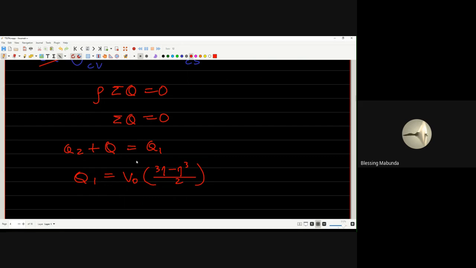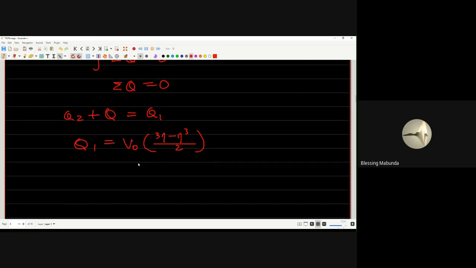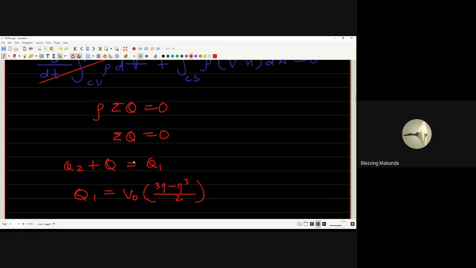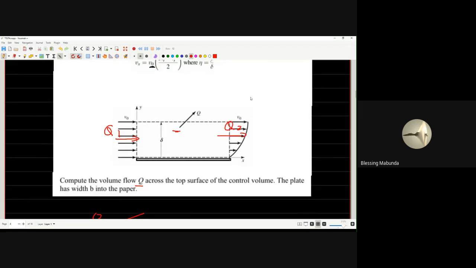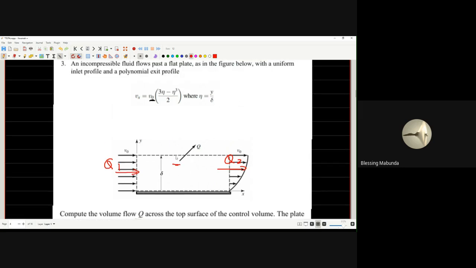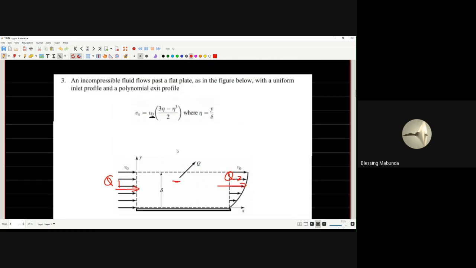All right, perfect. So the way we're going to set up our Q2, we're taking that parabolic velocity profile, which is given by that V naught multiplied by this here, which is our Vx, multiplied by area to give us Q2. That's what we rely on.